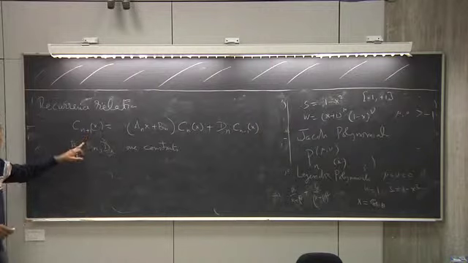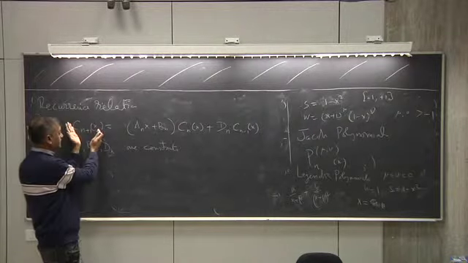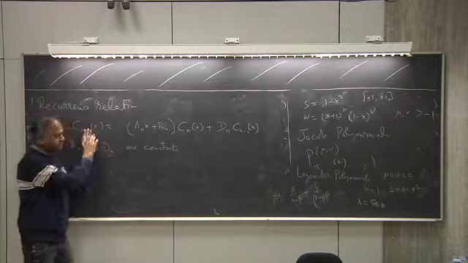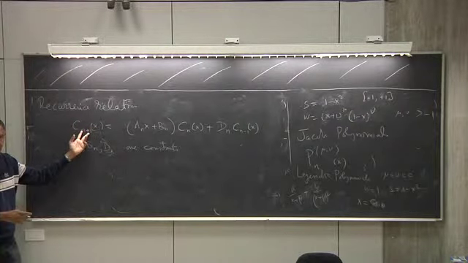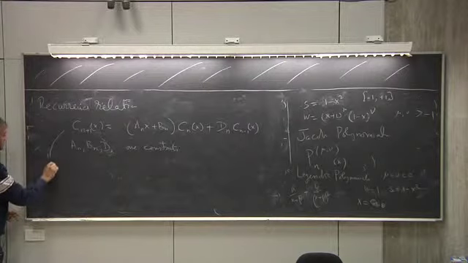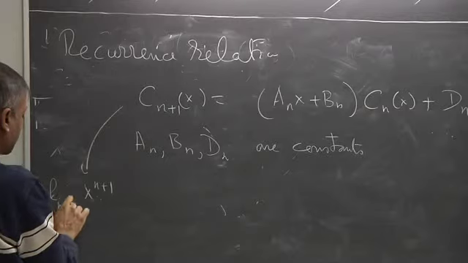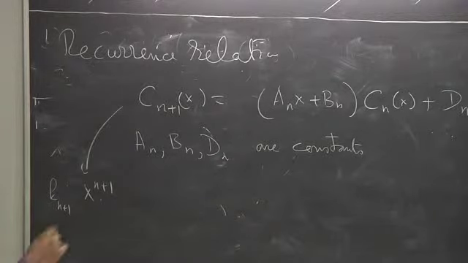So first of all, this has a term x to the n plus 1, obviously, because it's an (n plus 1)th degree polynomial. So there will be a term which will be like x to the n plus 1 times some coefficient, which let me call k(n plus 1), plus the lower terms.